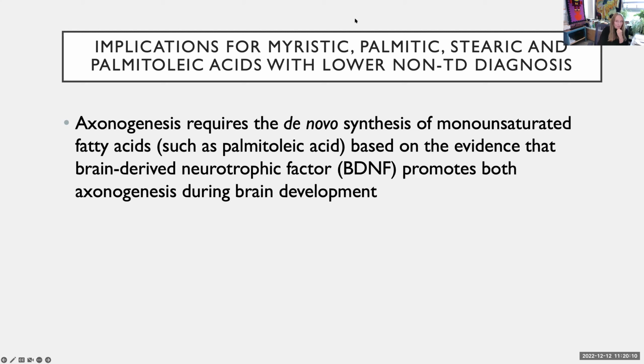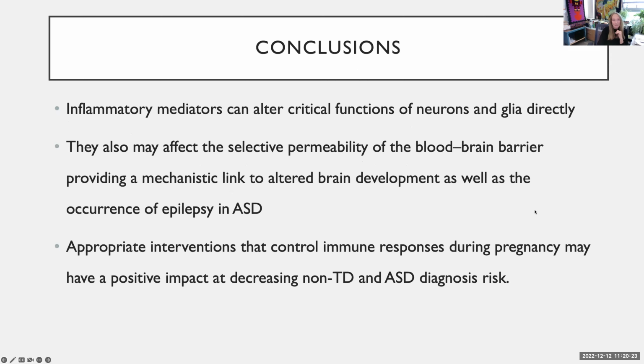And also, lower content of these fatty acids was associated with a higher risk. Inflammatory mediators can alter critical functions of neurons and glia directly. Remember that these are peripheral biomarkers, so we don't know what is happening in the brain of the child, but apparently there is a correlation with that.